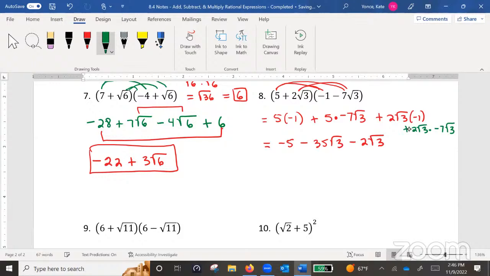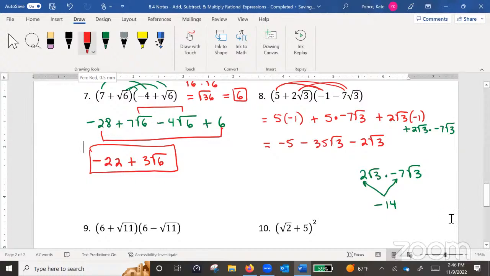Let's go down here and do it. So we have 2 square root of 3 times -7 square root of 3. What can we multiply together? Okay, 2 times -7 is -14. It'll stay square root of 3, which is?